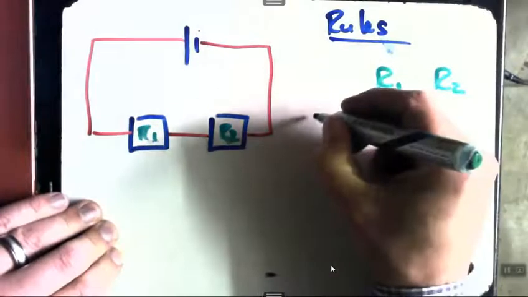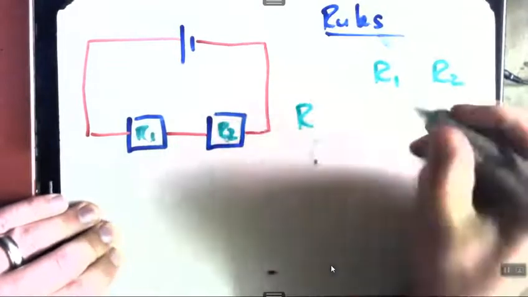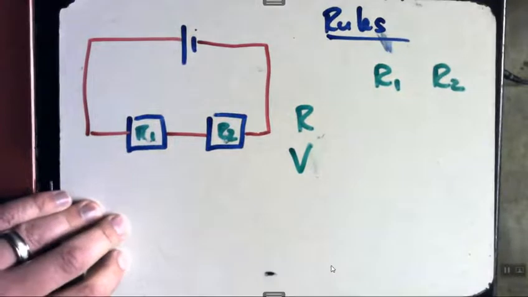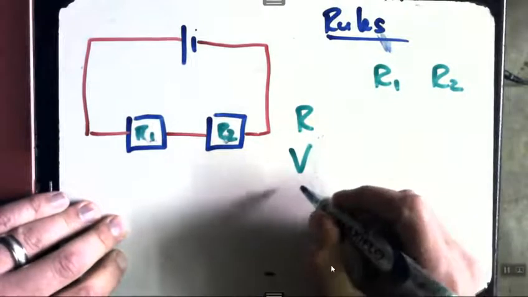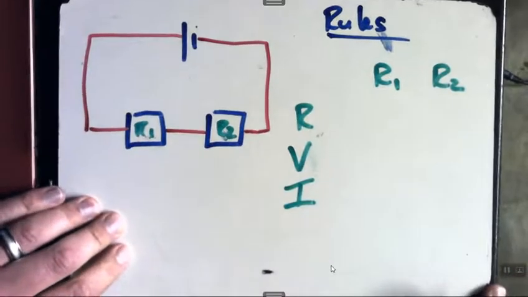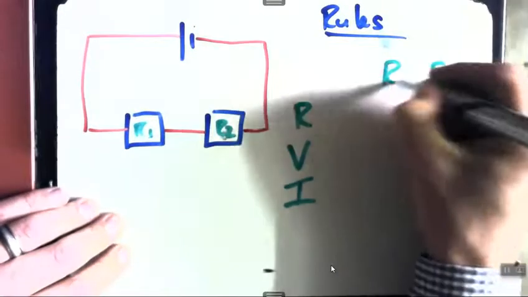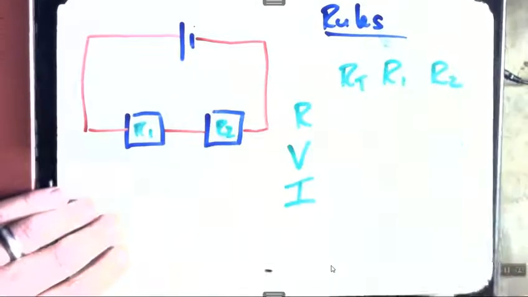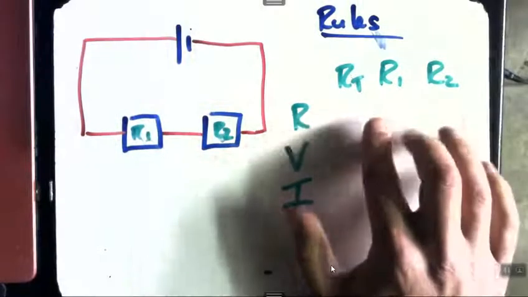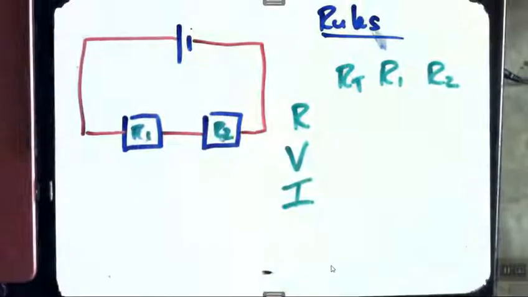Each resistor has its own resistance. It uses a certain amount of potential difference or energy per coulomb, and then it has the current flowing through it. And as I've described in my other video, there is also now a total resistance. So in this simple circuit we've got three resistances: this one, and the sum of them together.